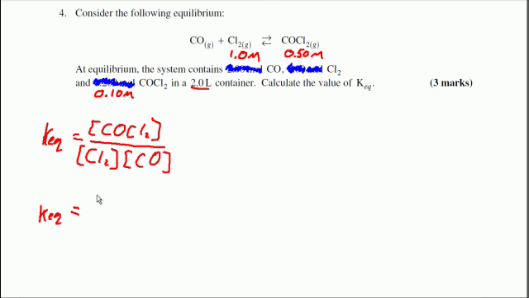I'm just going to plug in these numbers right here, which is 0.10 molarity, which is COCl2 right here, divided by Cl2, which is 0.50 molarity, and carbon monoxide, which is 1.0 molarity.